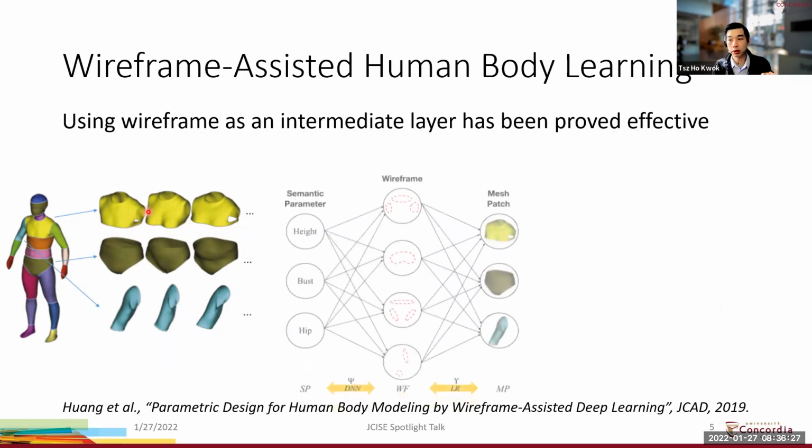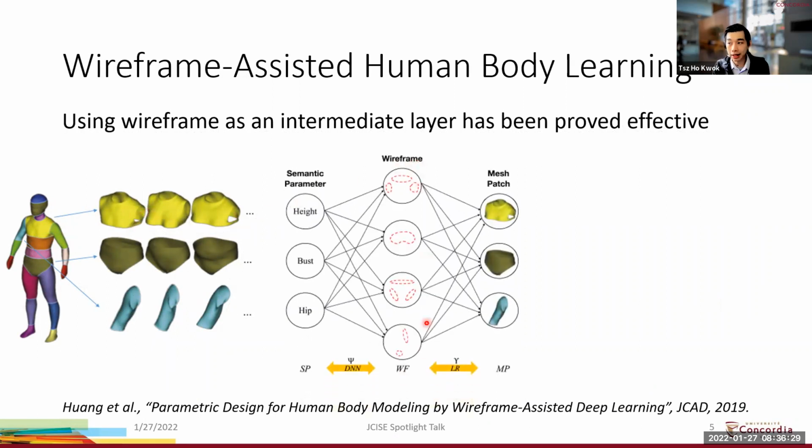And we use this wireframe as an intermediate layer in the neural network to link the semantic parameters and the mesh underneath. So we still use machine learning, because its capability of learning relationships that we don't know is very strong, but we also incorporate this semantic meaning, these interpretable layers, into the network so that it can guide the learning in between.